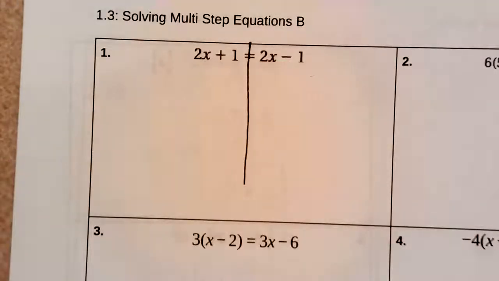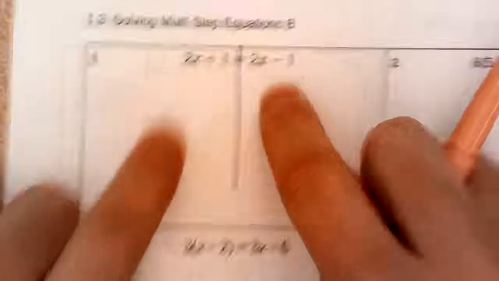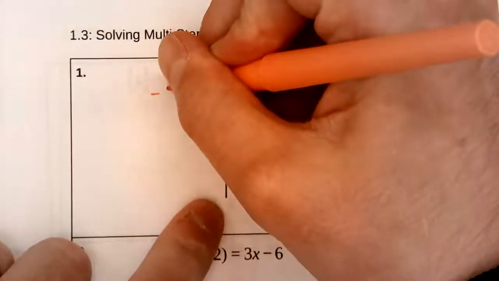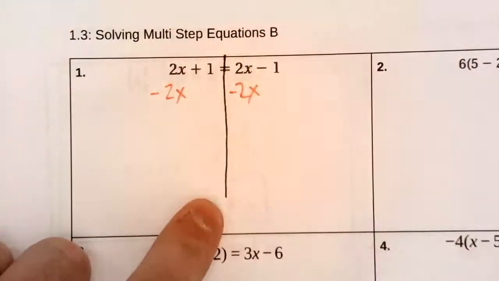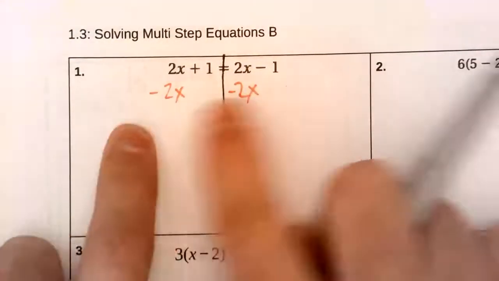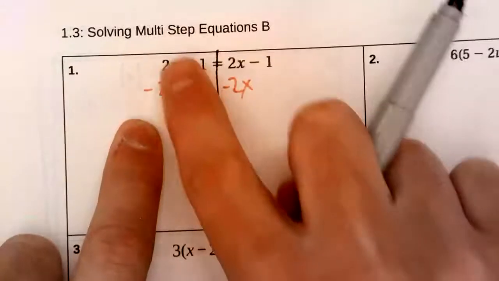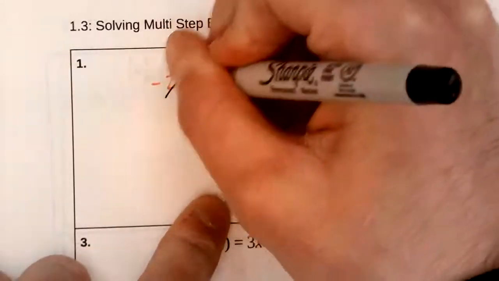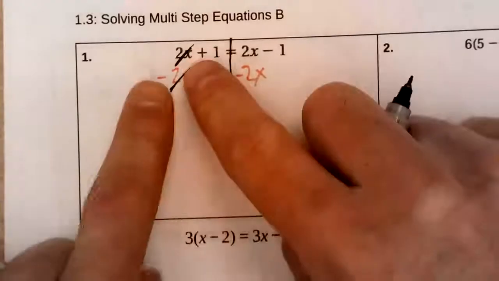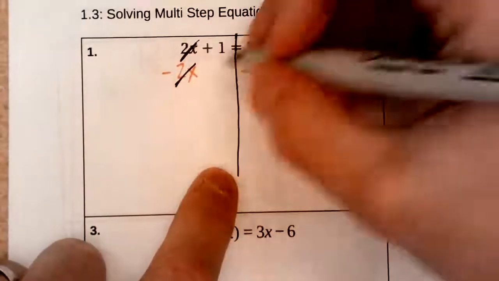Notice that the variable term is exactly the same, so let's subtract 2x from both sides. On the left side, 2x minus 2x is 0. It cancels out, which is what I wanted. I'm left with just 1. Let's carry down that 1.